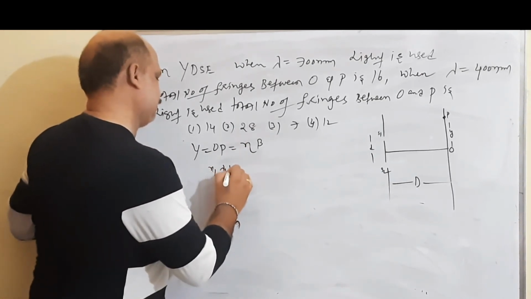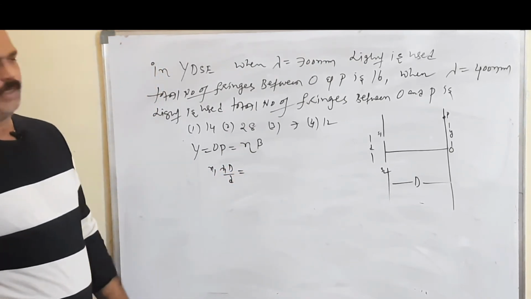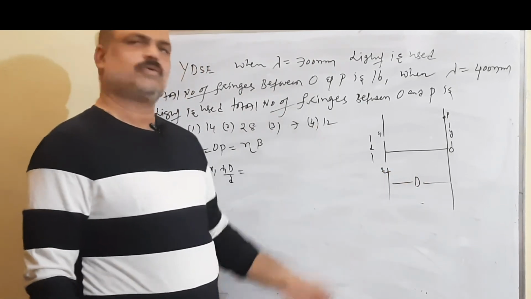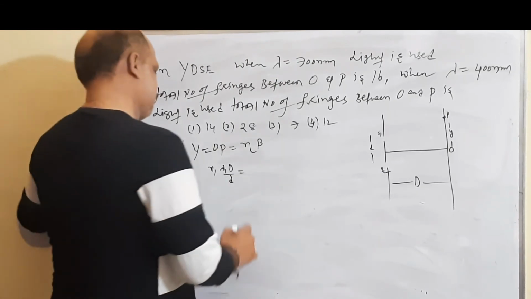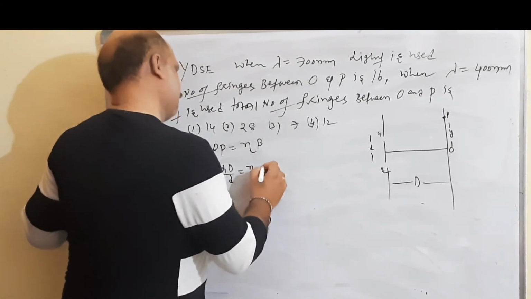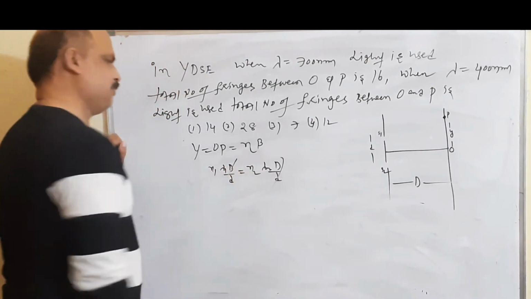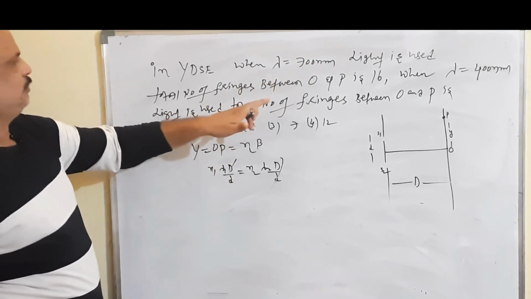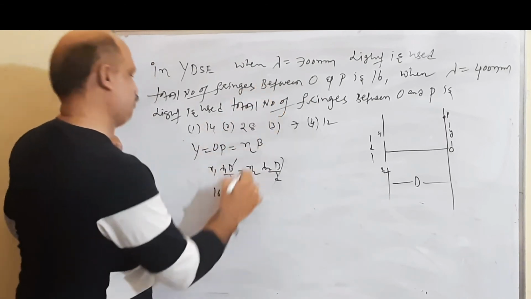So n1 lambda 1 D by d is equal to n2 lambda 2 D by d. The distance between the screen and slits does not change, and the distance between the two slits does not change. Here the wavelength changes, fringes change. Here D by d cancel. Here n1 is equal to 16 into lambda 1 is equal to 700.